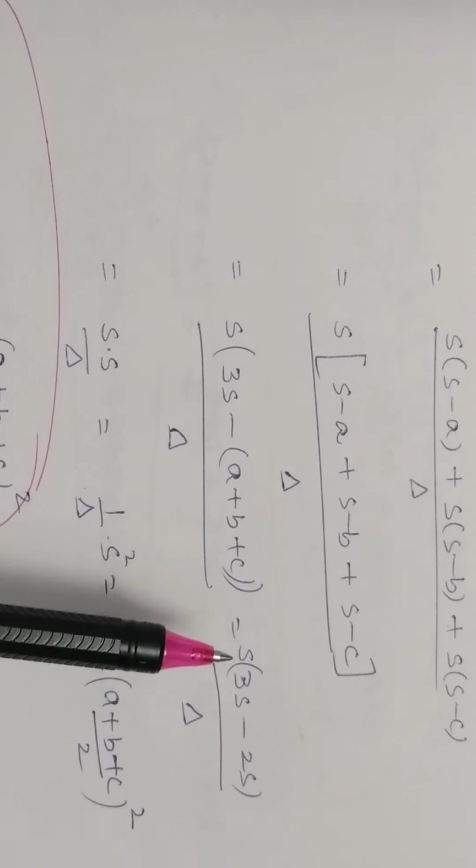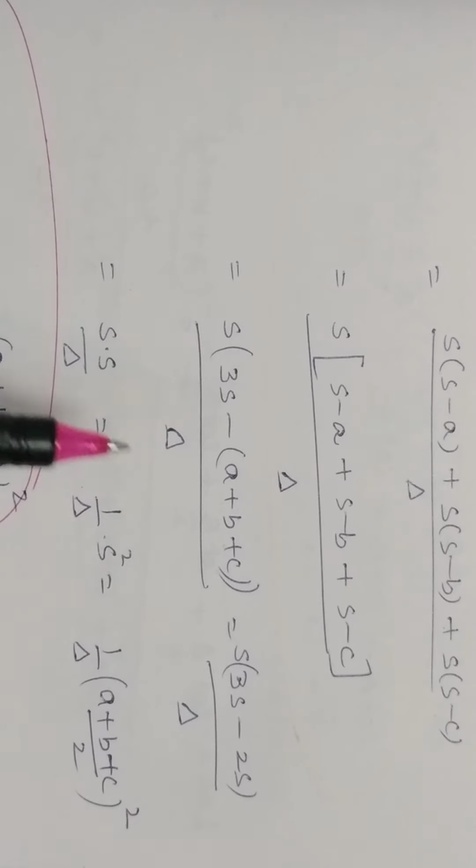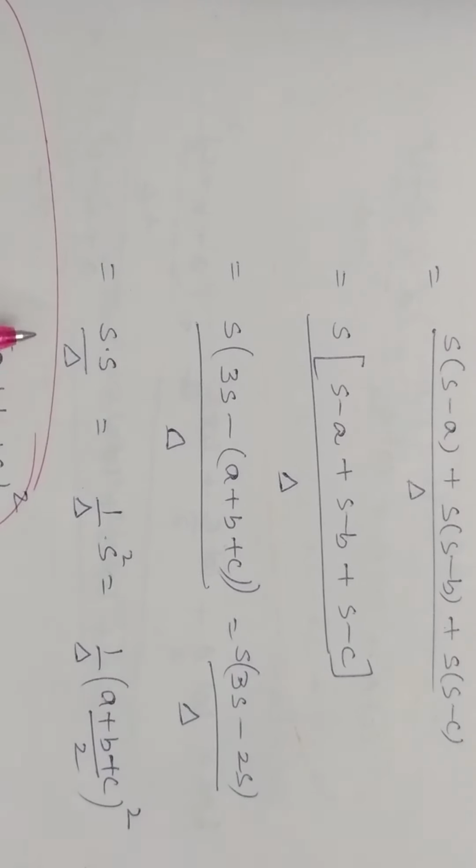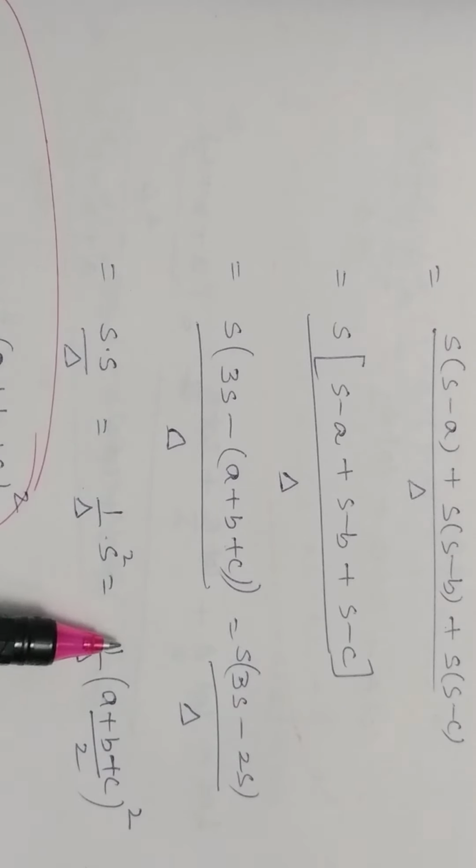S into (3S − 2S) is S, by Δ. I have taken Δ separately as 1/Δ into S into S, S². 1/Δ into what is S?